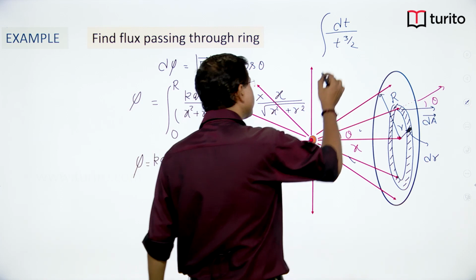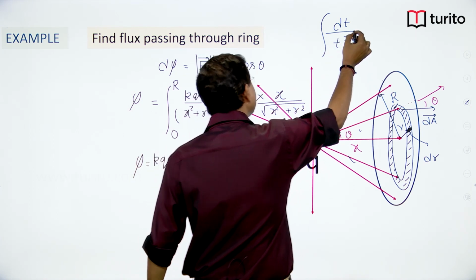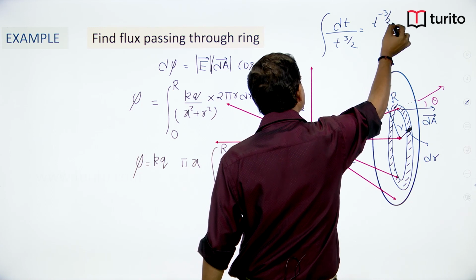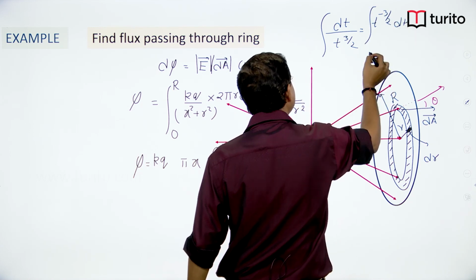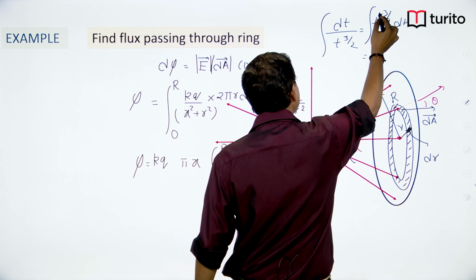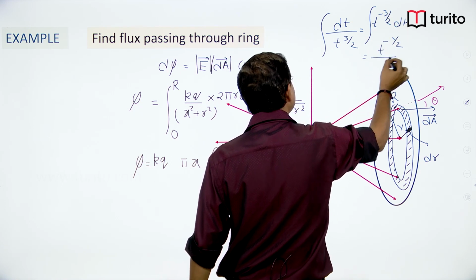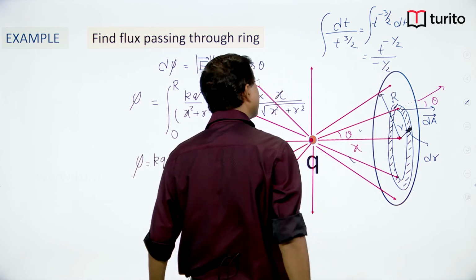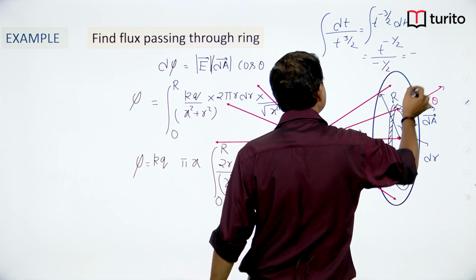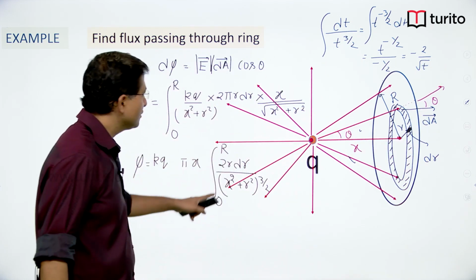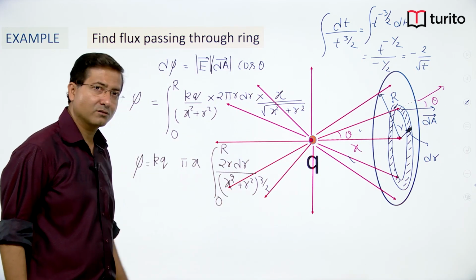So, this can be written as t to the power minus 3 by 2 dt. If I integrate, t to the power plus 1 will become minus 1 by 2, and again minus 1 by 2 will come, right. So, this is minus 2 divided by under root t, and where t is x square plus r square.